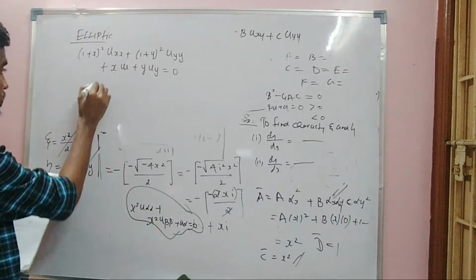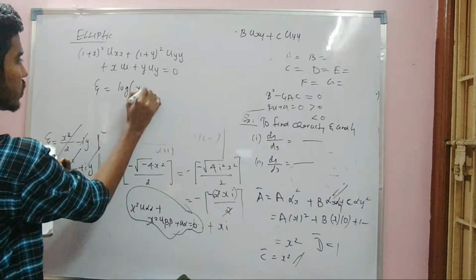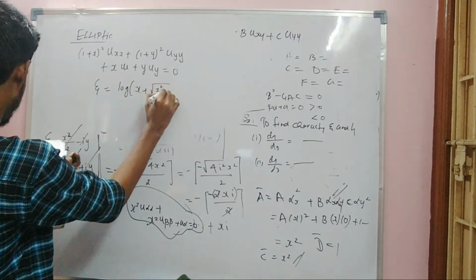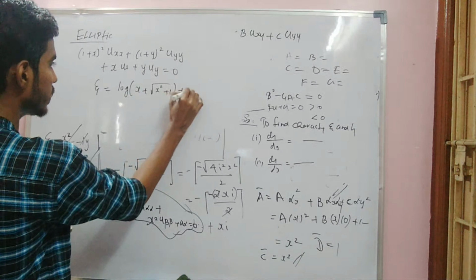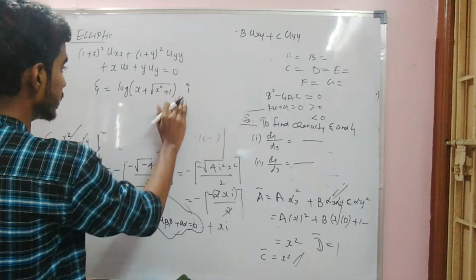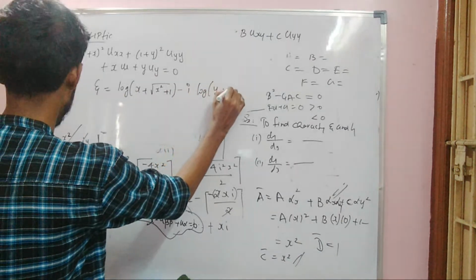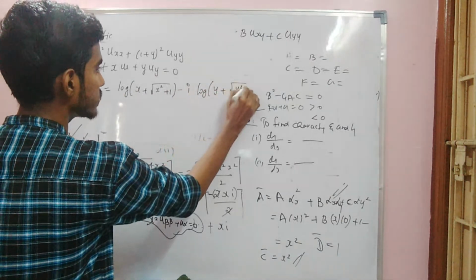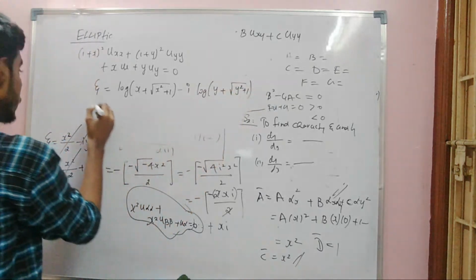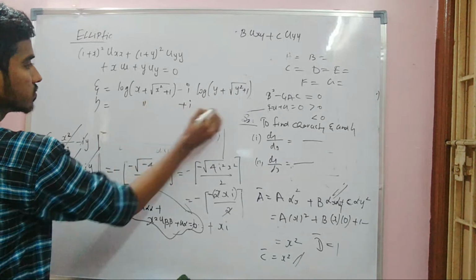So here we have theta equal to log of x plus square root of x square plus 1, plus i into, minus i into, log of y plus square root of y square plus 1. This is our theta, and eta is the same with plus i.